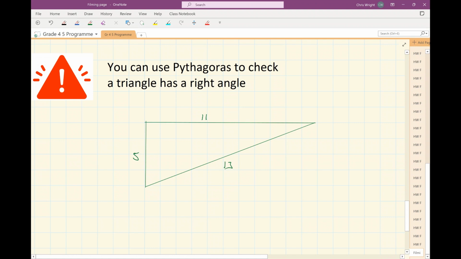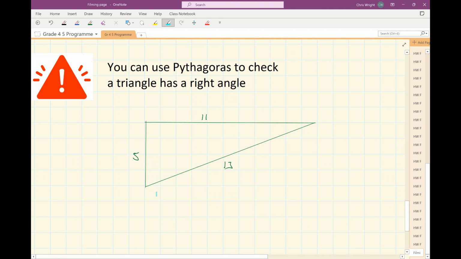Now, sometimes you'll be asked to use Pythagoras' theorem to check that a triangle has a right angle. So let's have a look at this example here. Now, here's a triangle, and I'm given 3 side lengths. And I'm being asked, is it a right-angled triangle? Well, if it is a right-angled triangle, then the 13 is the longest side.